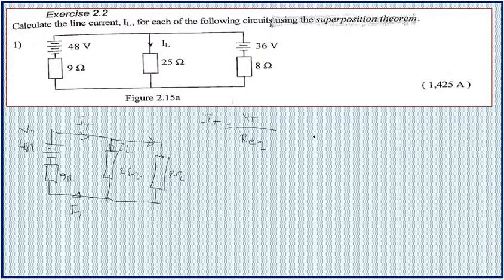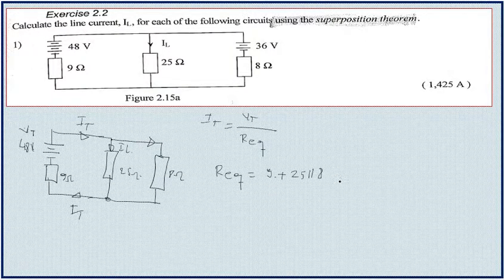Here we are going to compute the equivalent resistance. We have a resistance of 9 ohm, which is in series with these two that are in parallel, 25 in parallel with 8.